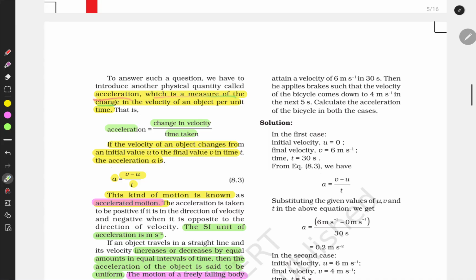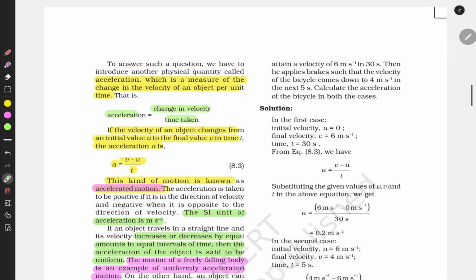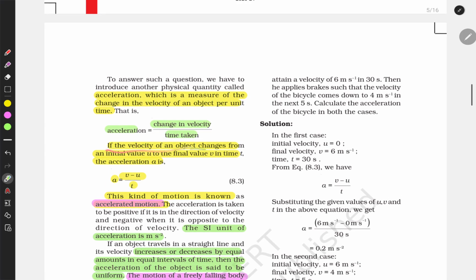Acceleration is a measure of the rate of change of velocity of an object per unit time. So acceleration is the change in velocity over the time taken. If the velocity of an object changes from an initial value u to a final value v, then the acceleration will be this.